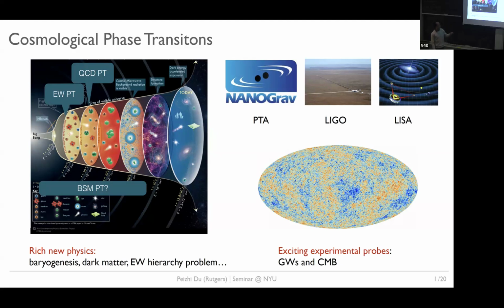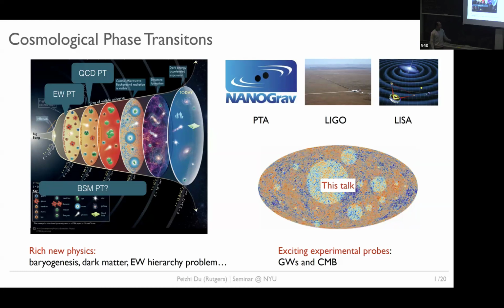Here I show some instruments to measure gravitational waves, like pulsar timing arrays like NANOGrav, or ground and space-based interferometers like LIGO or LISA. One benchmark of the gravitational waves they can measure is from cosmological phase transitions. Another type of probe for cosmological phase transitions is the CMB, which probably is less heard about. And actually that will be our main topic of today.